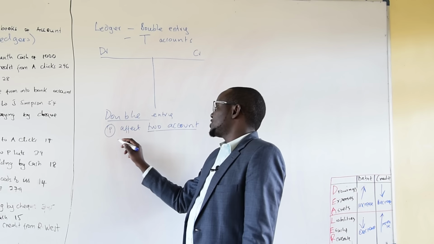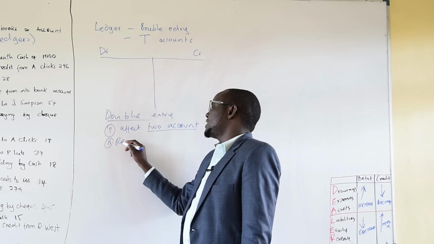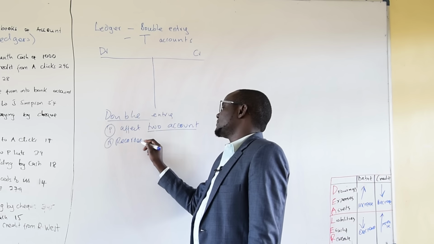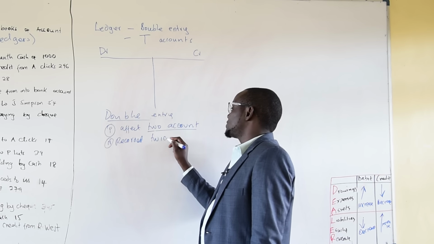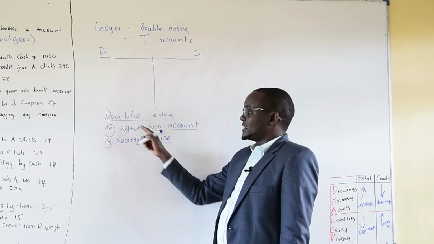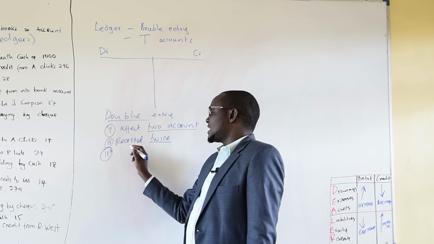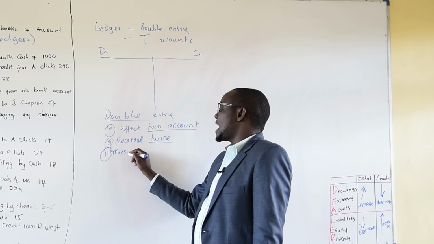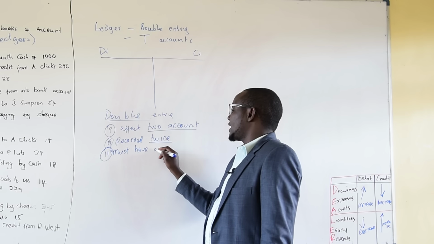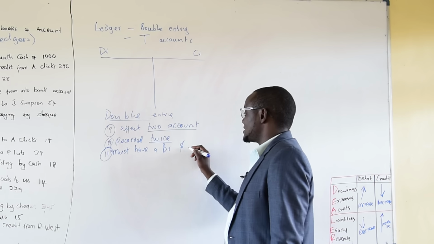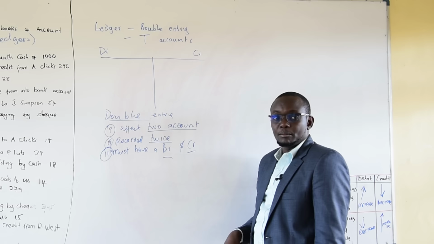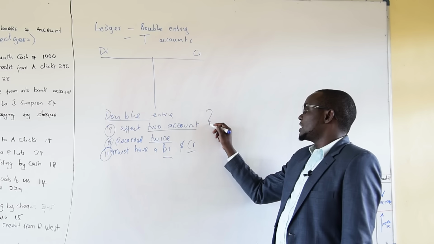And every transaction must be recorded twice. It also says that every transaction must have a debit and a credit. You can see this is also double. So this is what we call double entry.